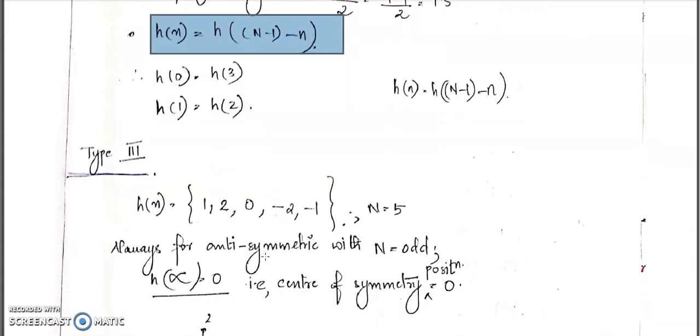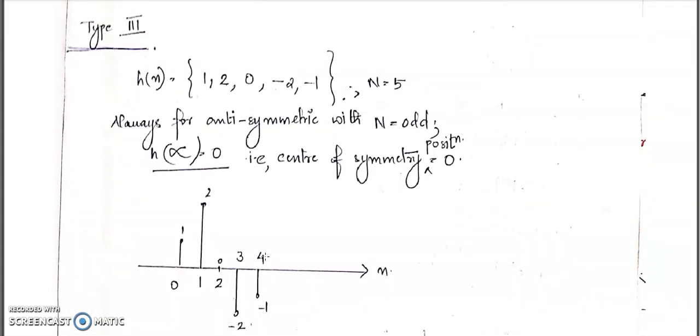Then we can move on to type 3. What is type 3? It is the anti-symmetric filter, anti-symmetric with n odd. That means the number of filter coefficients is odd and it is anti-symmetric. So you can check the impulse response, that is h of n equal to 1, 2, 0, minus 2, minus 1.